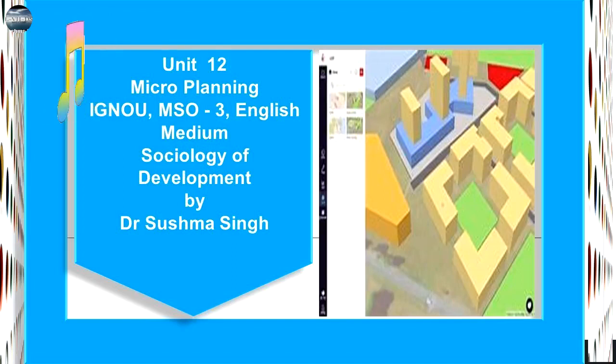The spatial process of development, being the sole criterion for microplanning, emphasizes planning from the lowest level, that is, from the cluster of villages upward to the clearly defined regions.